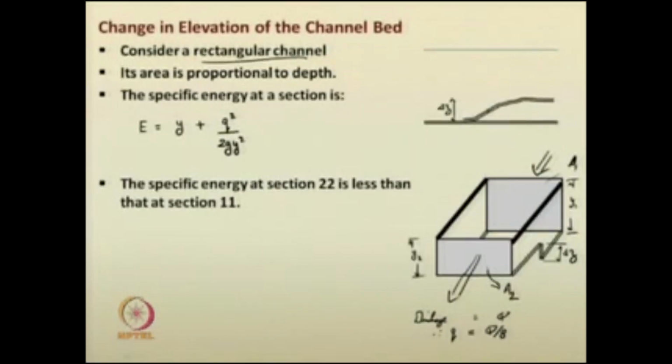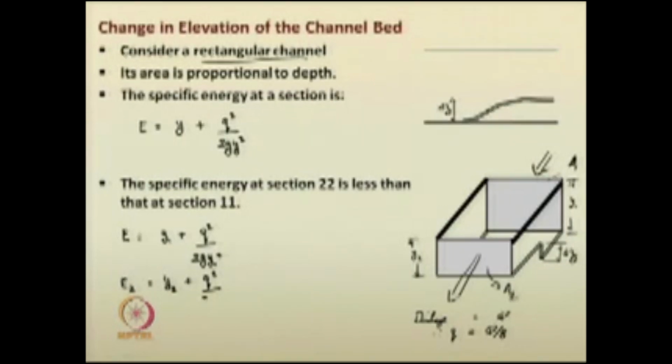So, E1 will be now Y1 plus q squared by 2G Y1 square. E2 is equal to Y2 plus q squared by 2G Y2 square.